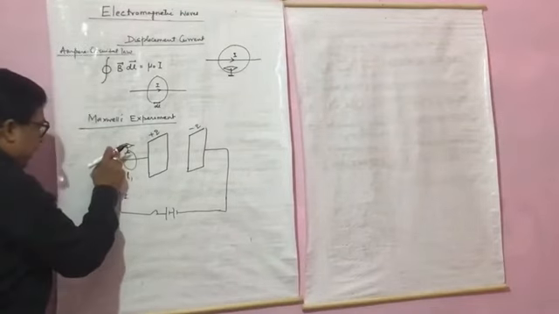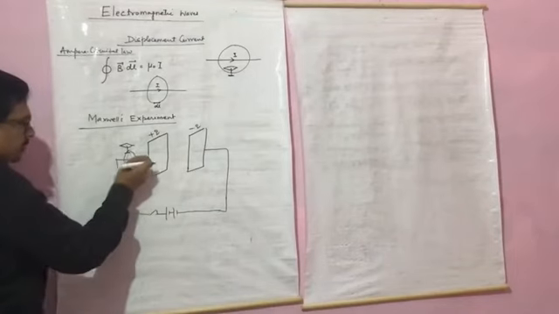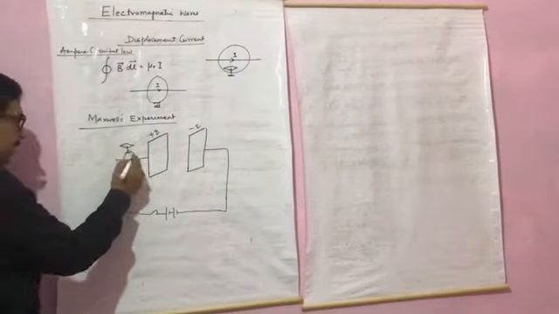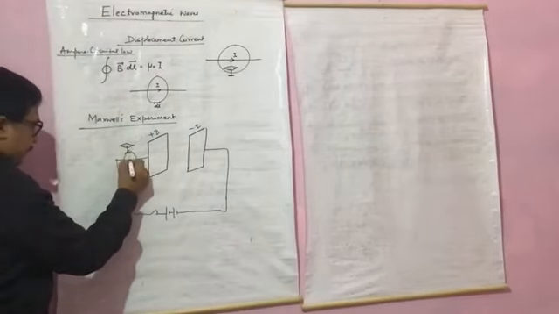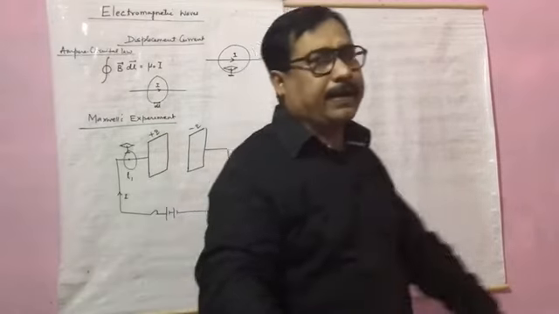This magnetic needle was deflected, and that is very simple, because of the current flowing through this conductor there is a deflection of the magnetic needle, and that was no surprise for him. There is a current, there is a magnetic field, and the magnetic field deflects the needle.